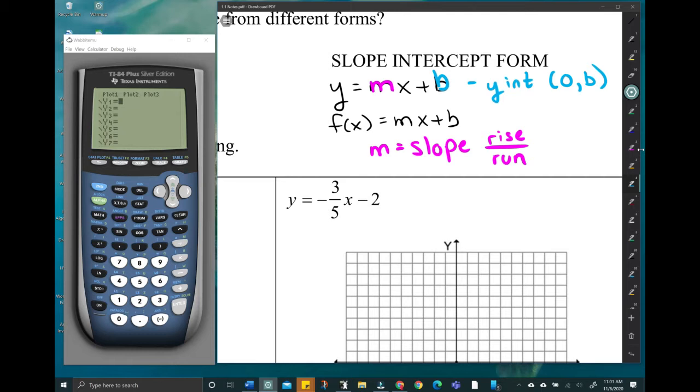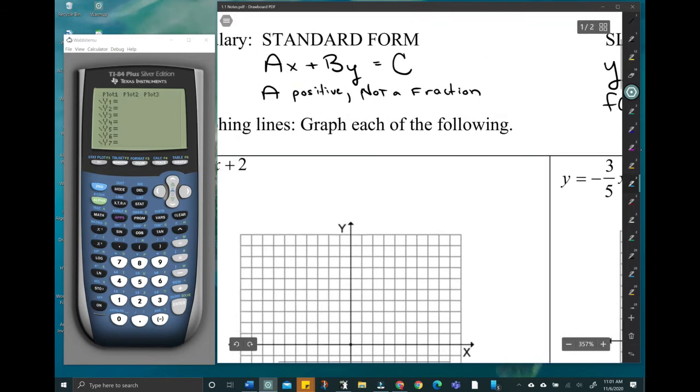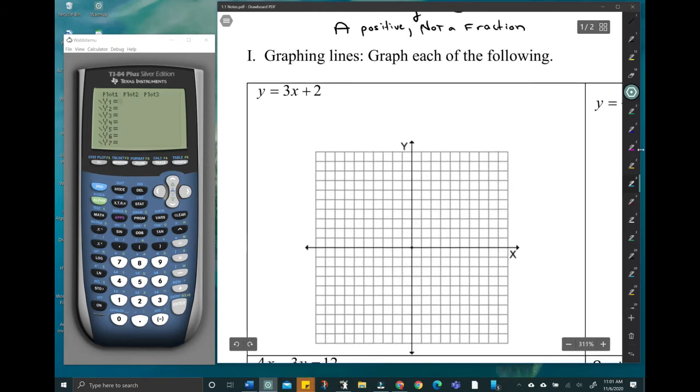Okay, let's look at some examples. So your questions are going to look like this. Graph each of the following. y equals 3x plus 2. Pretty simple for these ones if you recall. First, I would say identify your slope. So our slope, or m, is 3.